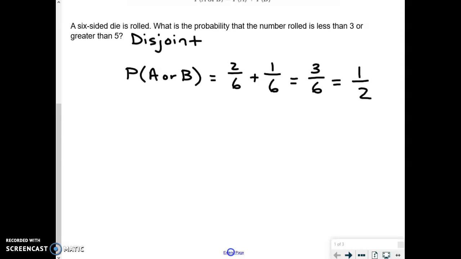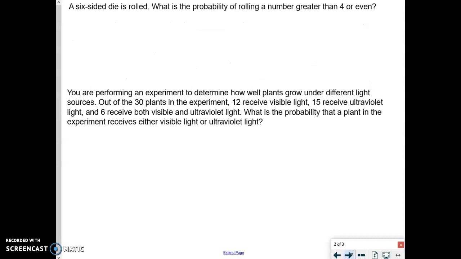So the next example that we're going to take a look at deals with overlapping events. If we take that same six-sided die and roll it, what's the probability of rolling a number greater than 4 or even? So in this case, we actually have all three.